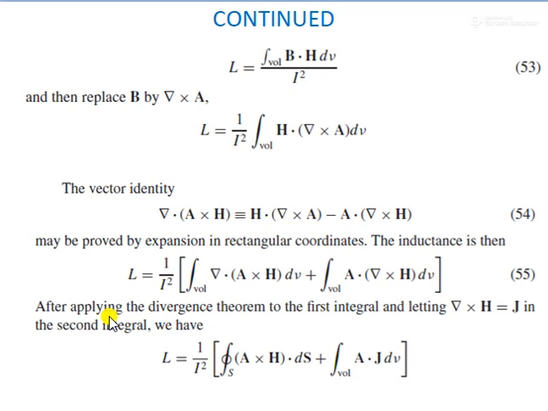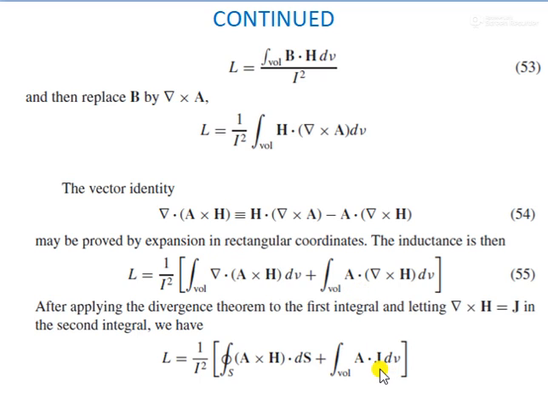Now after applying the divergence theorem to the first integral and letting del cross H equal J in the second integral, we have L is equal to 1 by I squared, integration over surface of A cross H dot dS, so this volume integral is converted into a surface integral, plus integration over volume of A dot J dV.